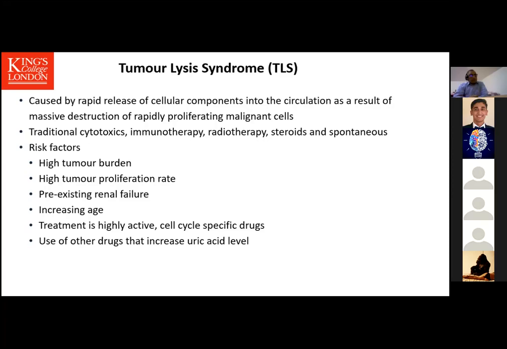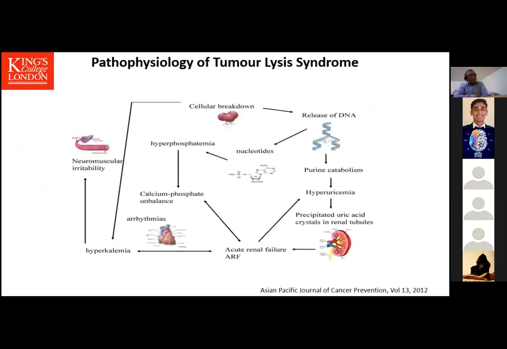And what actually happens, in this cartoon you can see, is that the most important ion which is released after the cell death is potassium. So you are having a massive amount of cell death.